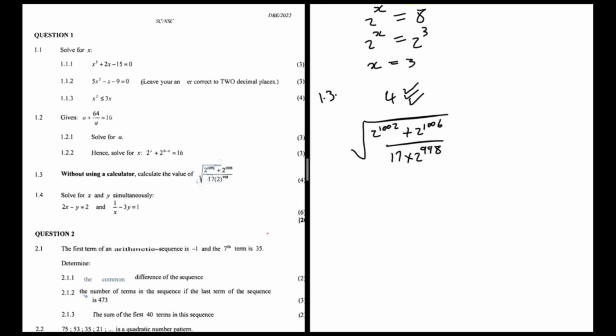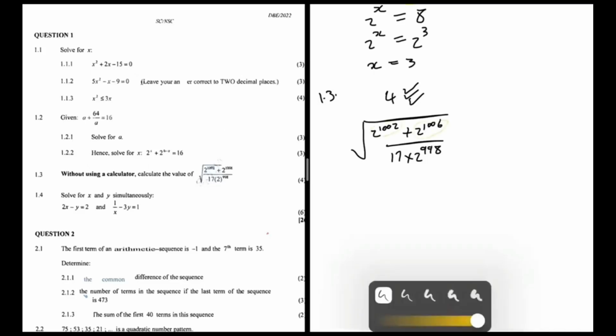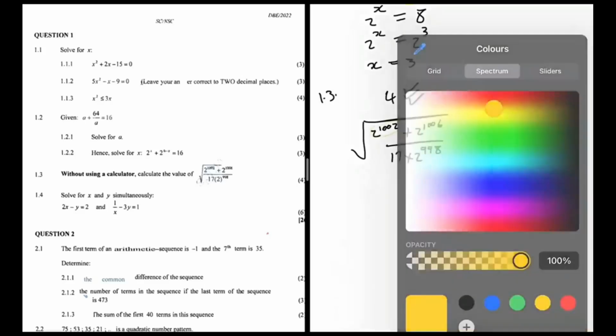The first thing I realized when I look at this problem is that if I can take out 2 to the power of 998 on this term and this term as a common factor, then I can cancel it with this 2 to the power of 998 in the denominator, right? So let me show you what I'm talking about.